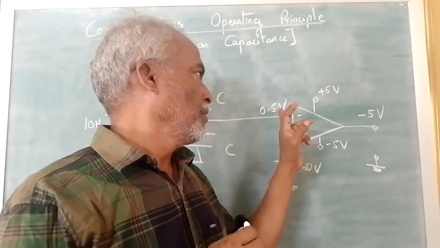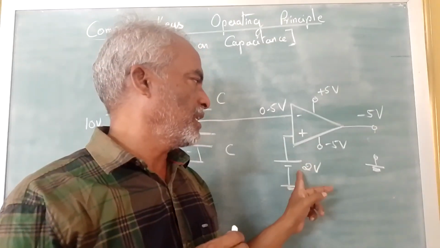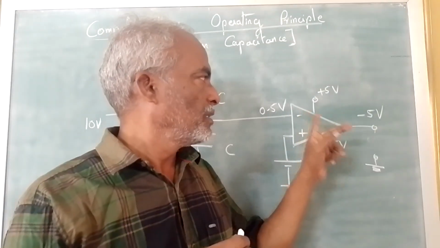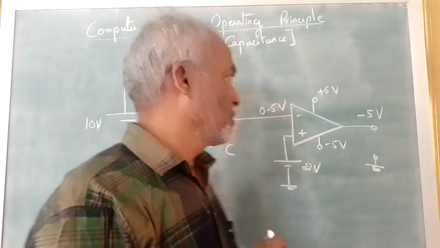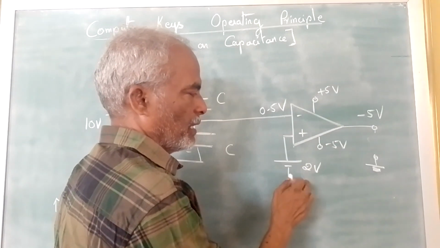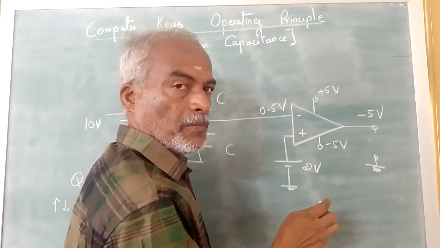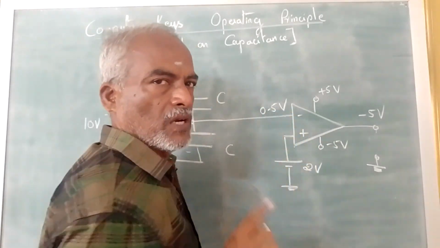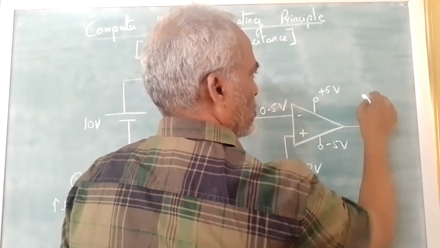So first, when this is 5 volts, it is greater than the 2 volt reference voltage, then it has gone to minus 5 volts. Now for this, 0.5 volts is less than 2 volts. That means the non-inverting input is greater than the inverting input. So this will go into positive saturation. So in positive saturation, it will be plus 5 volts.